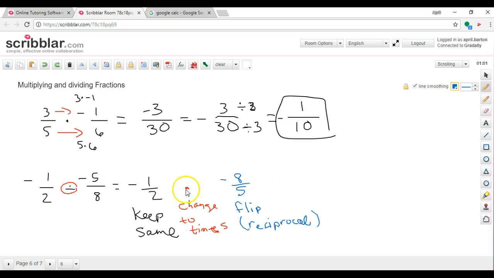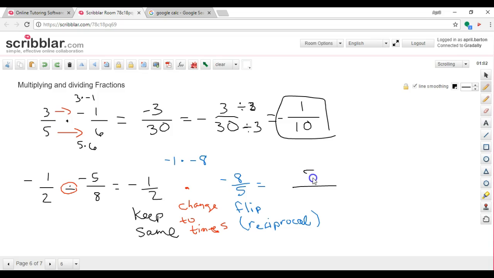So once you've done that, now it's just back to a multiply problem. Now you multiply top to top, bottom to bottom. We do have a -1 multiplied by a -8, so we have to think about a negative multiplying by a negative, which changes it to positive, which we don't really write in front. You just have to know now it's positive.